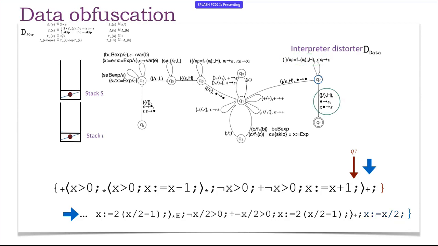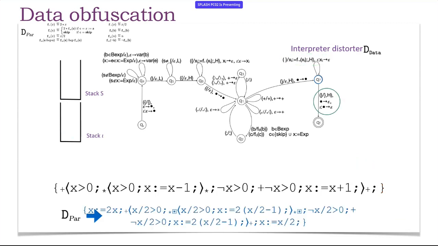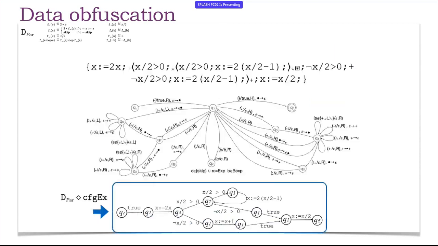And so in this way, we obtain the final transformation, which has an initial set of assignments, the final set of assignments, and in the middle, the transformation of the code, where the parity analysis is completely obscured. I mean, it cannot get the parity of the variables.